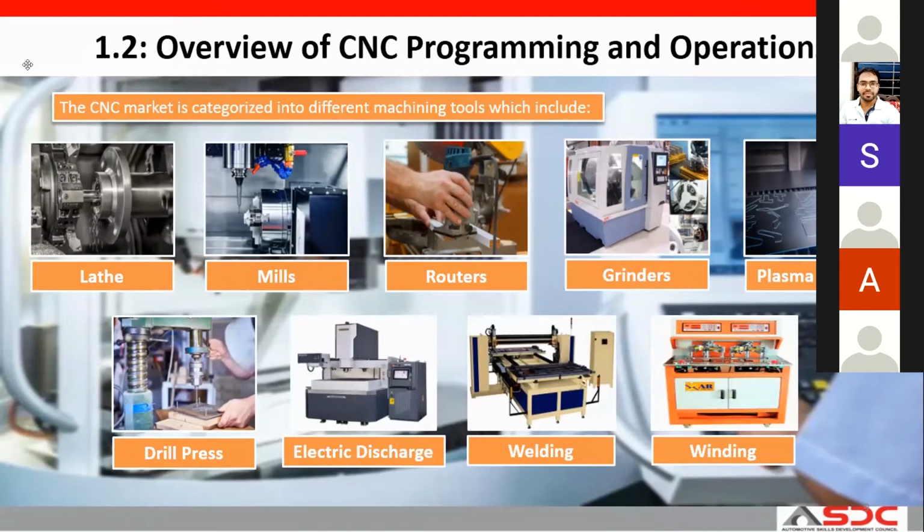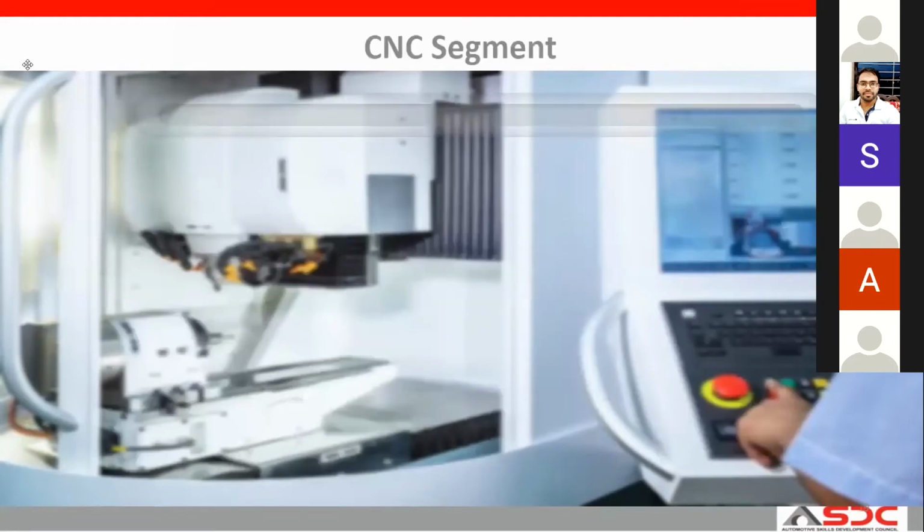Conventional includes lathe, mill, router, grinder, drill press, and welding machine. Unconventional machines include electrode discharge machining, plasma cutters and so on. This is the usage of CNC system in different machines.